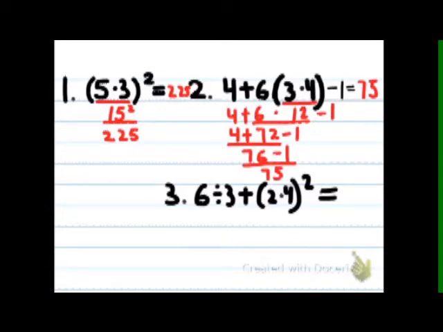Here's another example. So we start off with parentheses first, so that will be 8, and then we bring everything else down. The next thing that we have to do is the exponent.